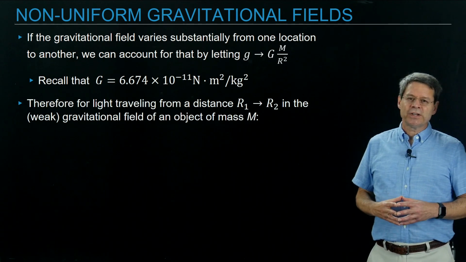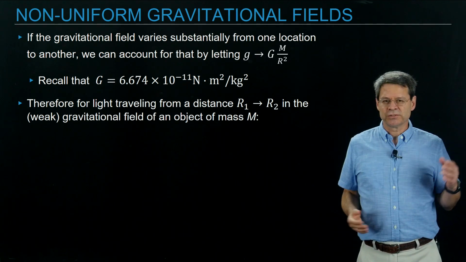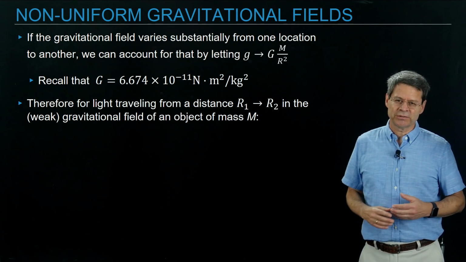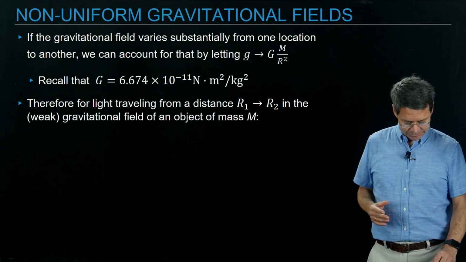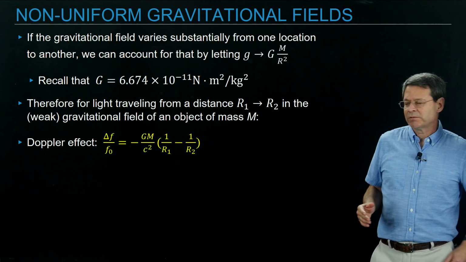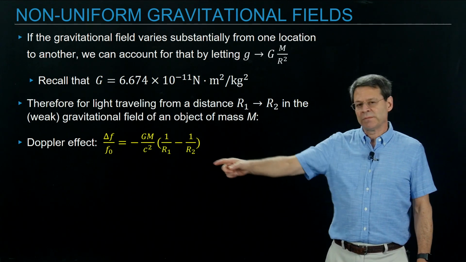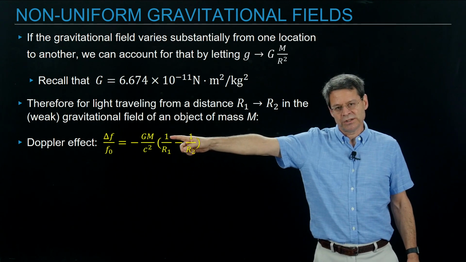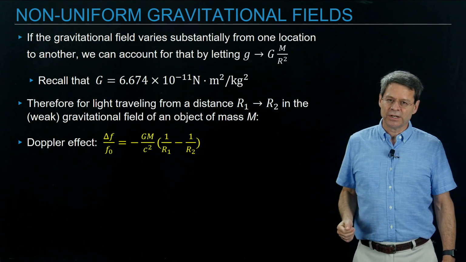Therefore, for light traveling a distance, say your distance r1 from the center of an object, and you want to go to a distance r2, which is significantly far enough away that you can't treat the acceleration due to gravity as a constant, we can rewrite that. And we can rewrite our Doppler effect, delta f over f naught, as being minus big G, the mass of the object, over c squared, times the quantity 1 over r1 minus 1 over r2, if you're going, say, from r1 to r2.